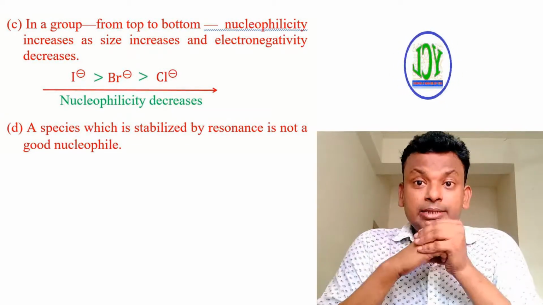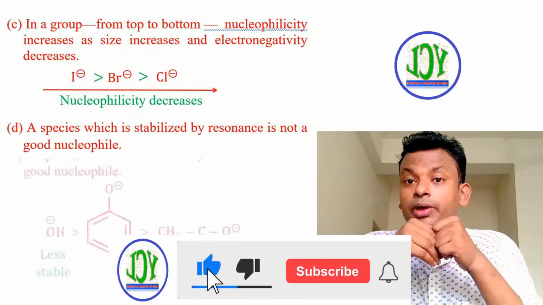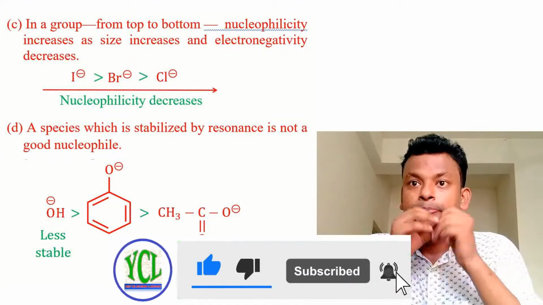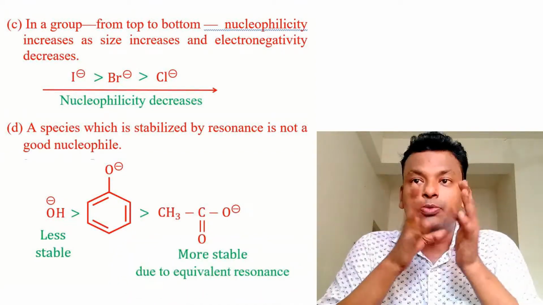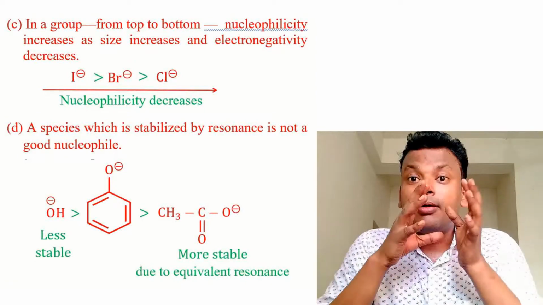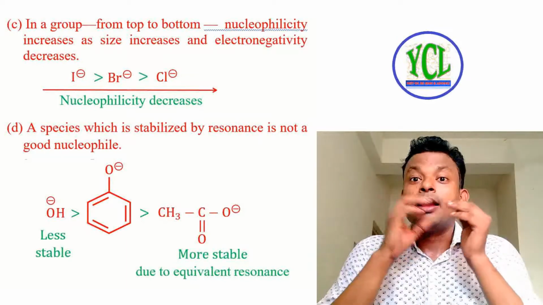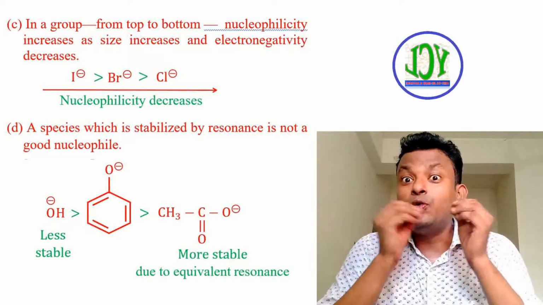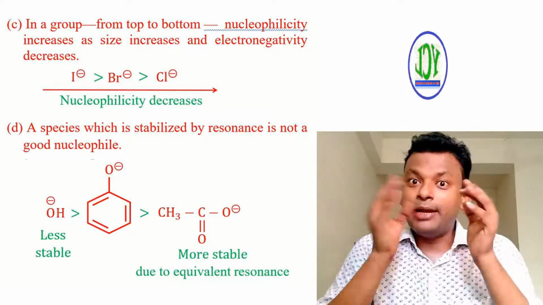Nucleophiles stabilized by resonance means here no electron or lone pair is donated. So OH negative is less stable, and phenoxide ion is more stable because of resonance stabilization. And next one is carboxylate ion. Here an equivalent resonating structure is present, so it is more stable than phenoxide ion.